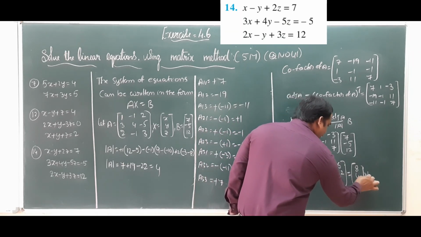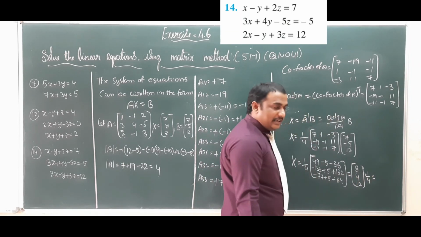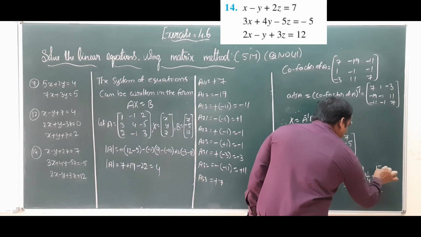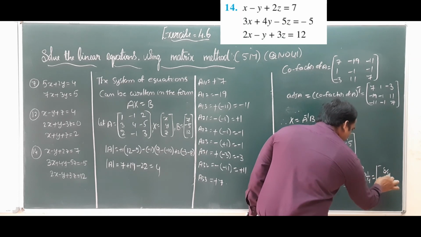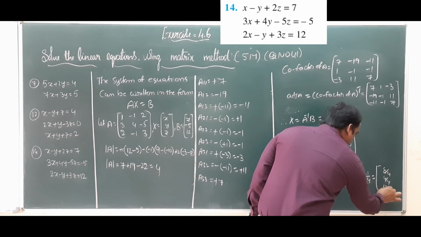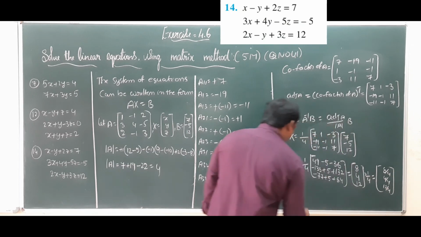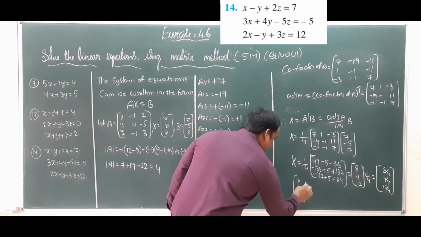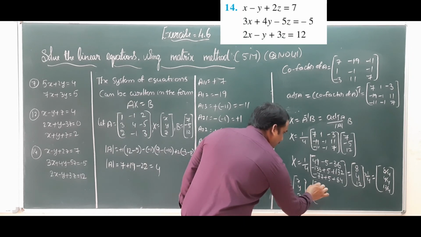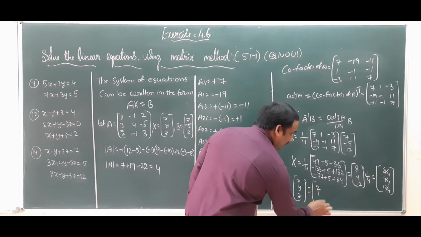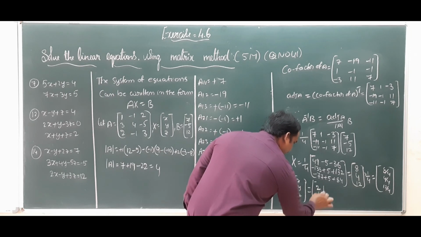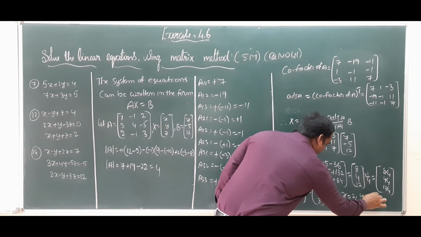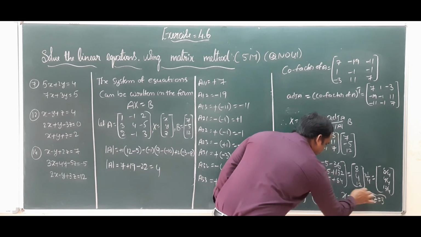Each element is multiplied by 1 by 4: 8 by 4, 4 by 4, 12 by 4. Now x, y, z equals 8 by 4, 2; 4 by 4, 1; 12 by 4, 3. Therefore x equals 2, y equals 1, z equals 3.